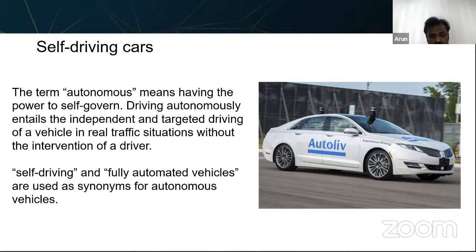But there is a standard definition by the Society of Automotive Engineers: a self-driving car can drive by itself and handle traffic situations without intervention of the human driver. But of course, this operating domain changes across different levels of automation, which I will explain in a while.